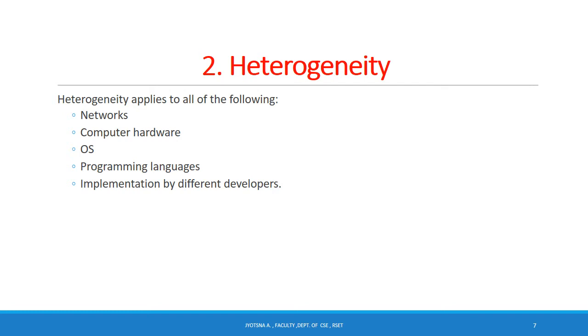In distributed computing, many computer nodes are involved. They may be in different networks. They may use different hardware, operating systems, programming languages, and applications implemented by different developers. You can see the difference in all of these areas.